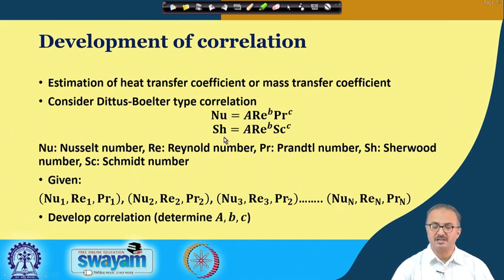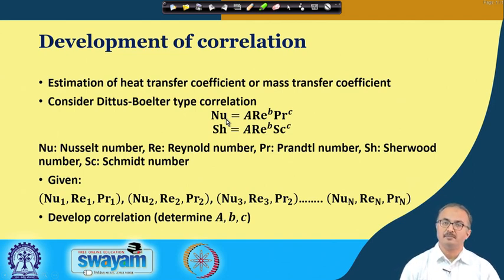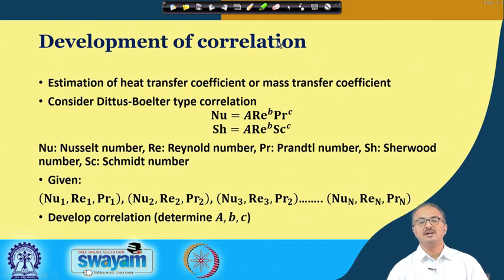In similar fashion, we can also write Sherwood number equal to some constant A, Reynolds number to the power B and Schmidt number to the power C. Now, as you know, this Nusselt number involves the heat transfer coefficient, and that is KL by D. K is the heat transfer coefficient, L is some characteristic length, and D is the thermal diffusivity.